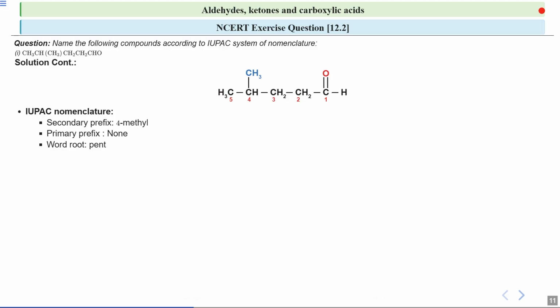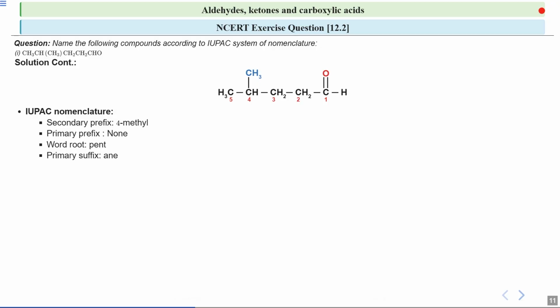Next, we will see the word root. Word root is the longest continuous chain, and here in this chain we have 5 carbons. So if we have 5 carbons, the root word is pent. Next, the primary suffix tells us the type of bonds between the carbons. Over here we have all single bonds, so for that we use the suffix ane.